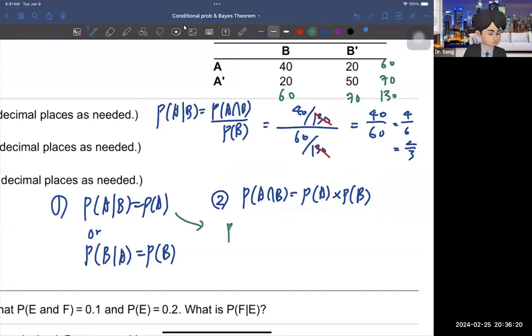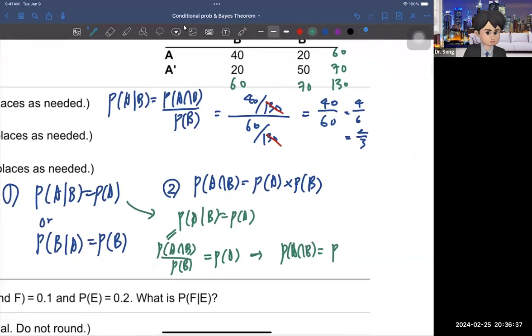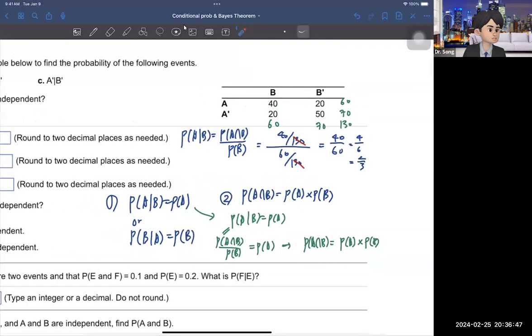Well, you can write down the probability A given B equals probability A. Then the left-hand side, like I introduced in the equation, is probability A intersection B over probability B. So then the cross multiplication gives you probability A intersection B equals probability A times the probability B. So that's why we call this one a narrow meaning of independence, because it comes from this first one, the broader meaning of independence.